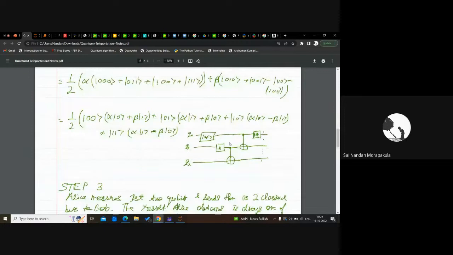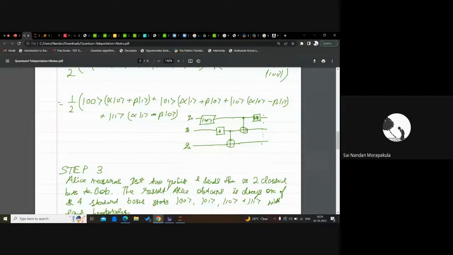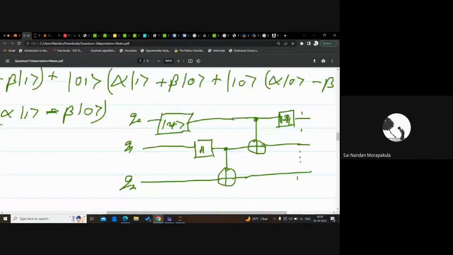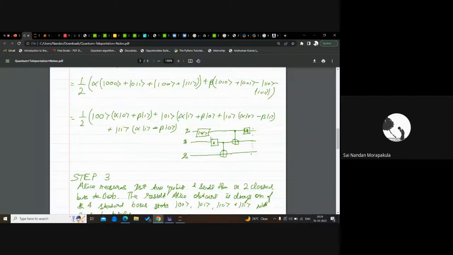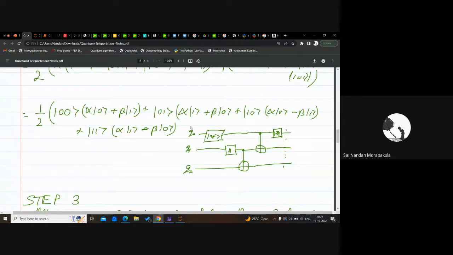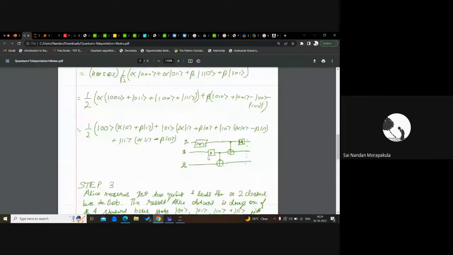If you see the diagram here, we apply a CNOT gate and a Hadamard gate to the qubits that Alice has, that is Q0 and Q1. Q2 is the qubit that Bob has. So now we want to send the information from Q0 to Q2, right? That is the main agenda of quantum teleportation. So now we will apply the CNOT gate and a Hadamard gate to Q0 and Q1.